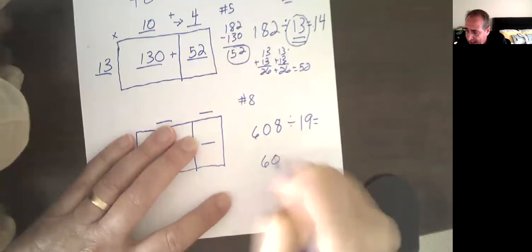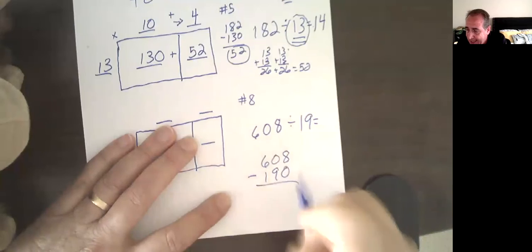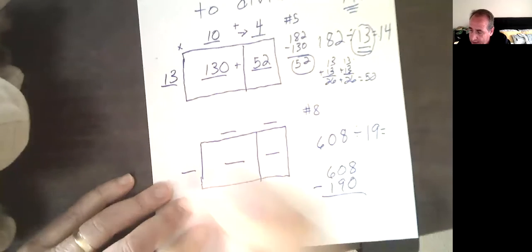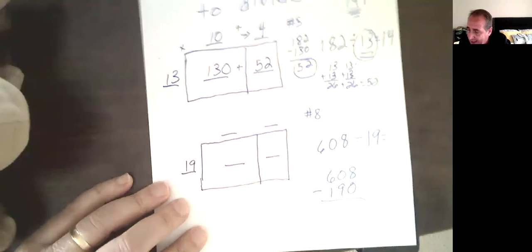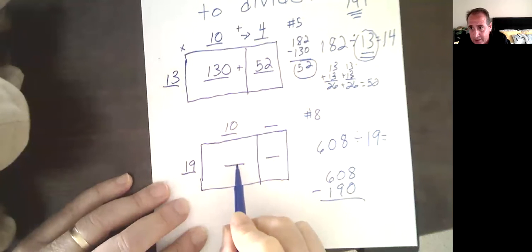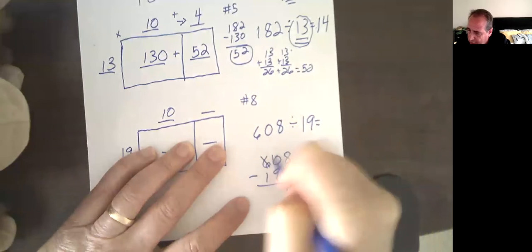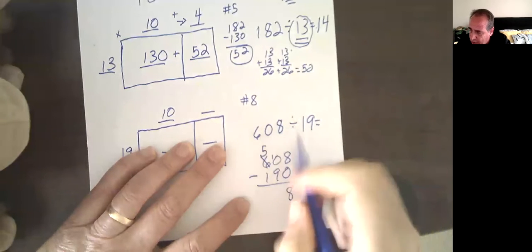Just to prove it, you would do 608 minus 190, because that's putting the 10. You're dealing with 19s here, and you put the 10 here, and then you have your number, which tells you how close you are. That would be 8. Can't do that, so you regroup and bring 100 over.